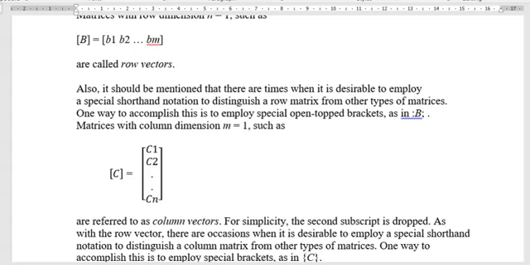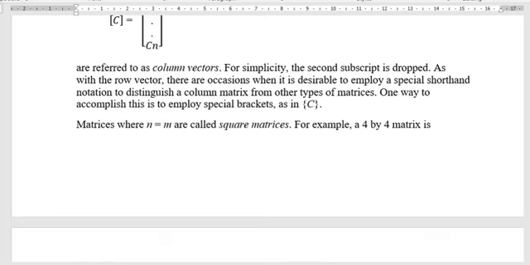As with the row vector, there are occasions when it is desirable to employ a special shorthand notation to distinguish a column matrix from other types of matrices. One way to accomplish this is to employ special brackets as in C. Matrices where n is equal to m are called square matrices.